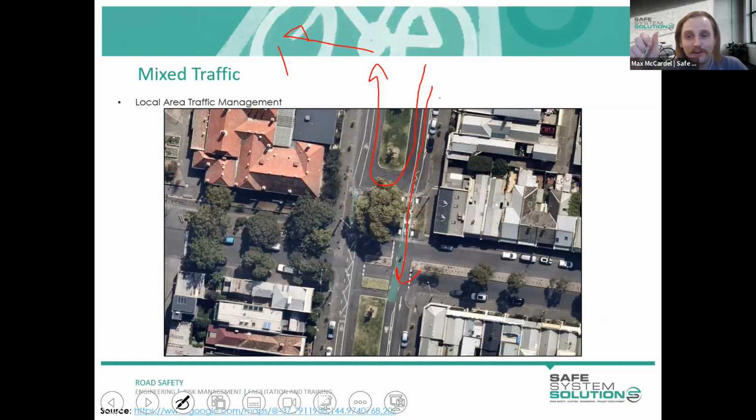That's something to remember. If you're looking at your strategic cycling corridors, or what you as an LGA or state government have identified as the most important critical route for your cyclists, then that can be at the detriment of other transport users within there. So maybe cars don't have as easy a time to get through there.